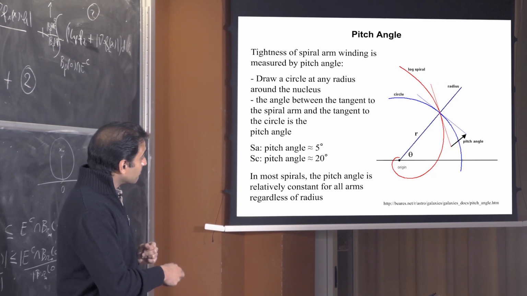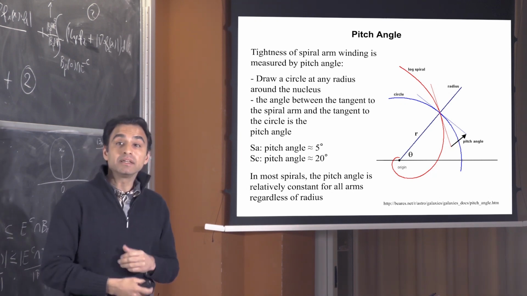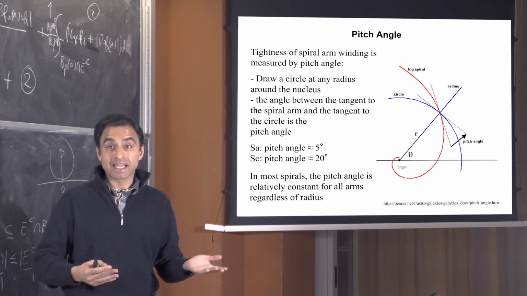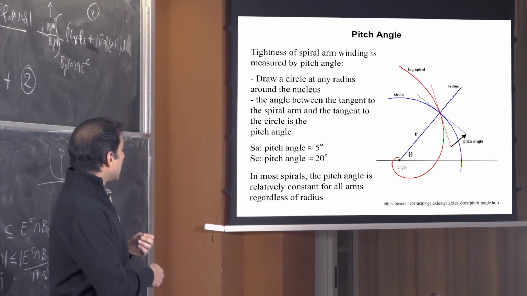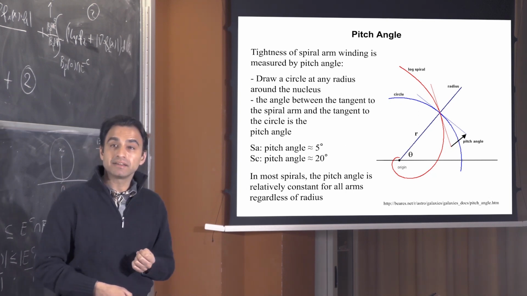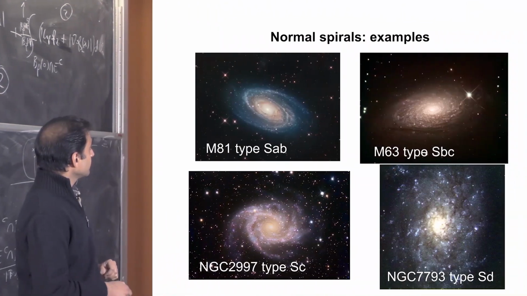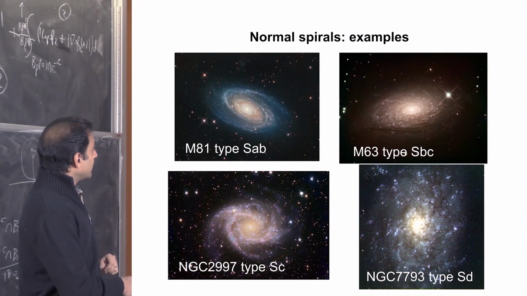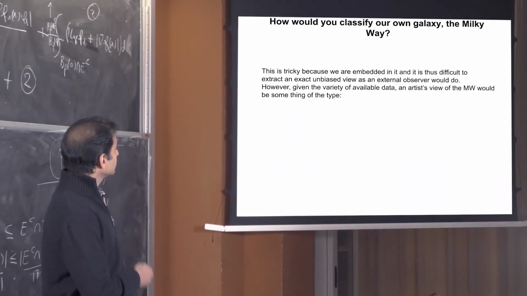So what that implies is that the pitch angle will be smaller in an Sa galaxy and larger in an Sc galaxy. These are different examples of nearby spirals. You can see very nice images, and you can see all these spiral arms.